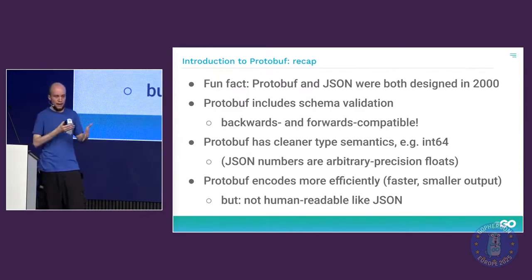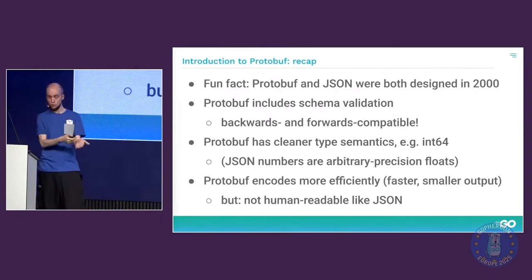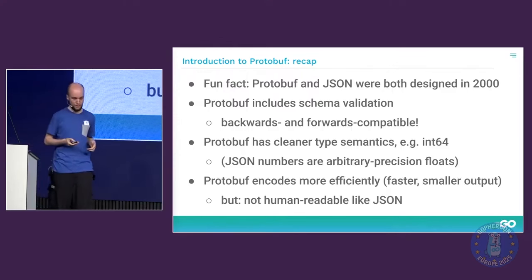So if you asked me when would I use one over the other, I would say, for example, for any of the components in my smart home where I have microcontrollers and Raspberry Pis and stuff, I would definitely opt for JSON, right? Just because it's so well known, it's easy to get started, it's human readable, I can just observe it. But if I were to build a multi-million-dollar batch data analysis pipeline, I would definitely reach for protobuf just for the efficiency and also for the rigor that it brings to the system, right?